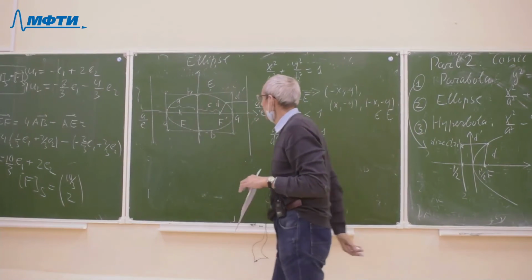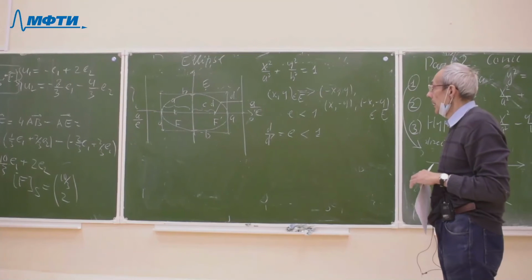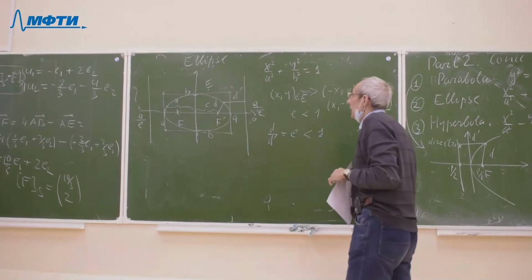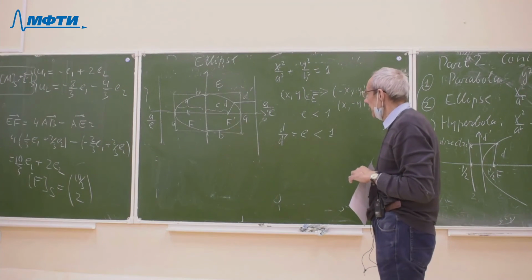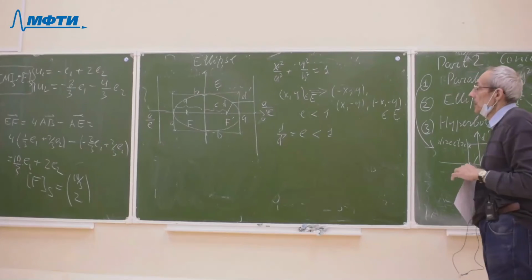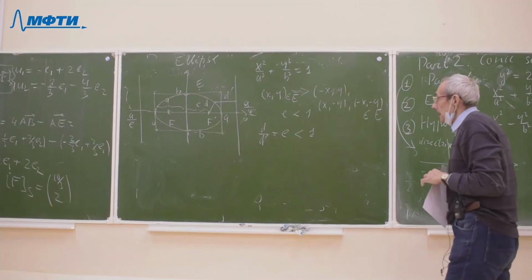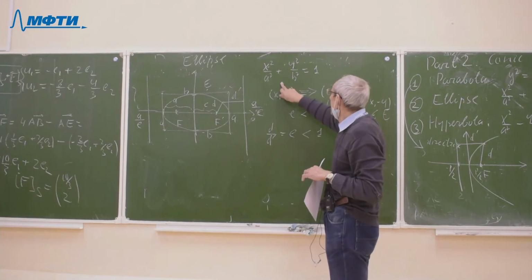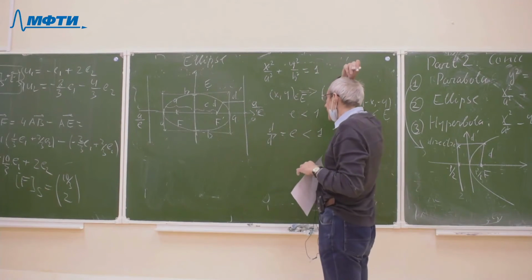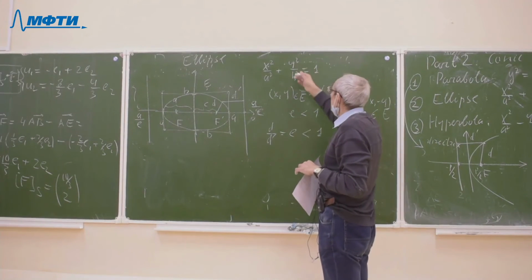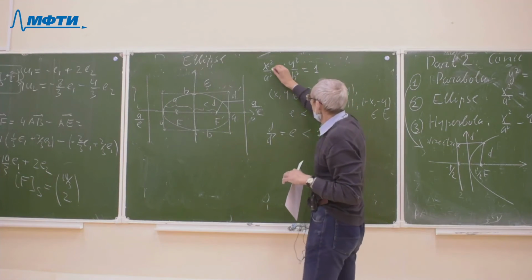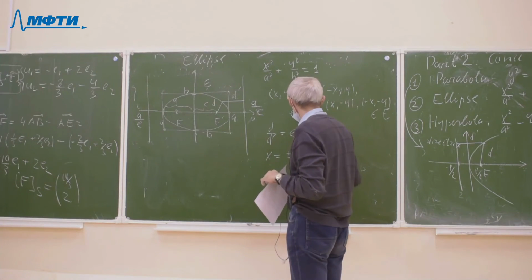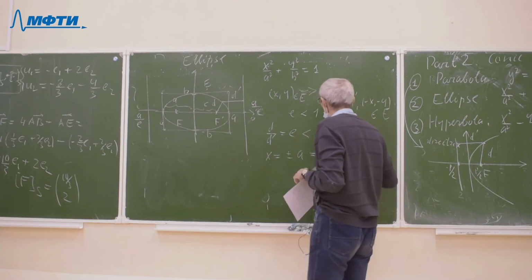And we have two symmetry lines, the coordinate axes, the abscissa and ordinate axes. And from the form of the equation, we can easily see that if x is equal to plus or minus a, then y is equal to 0.